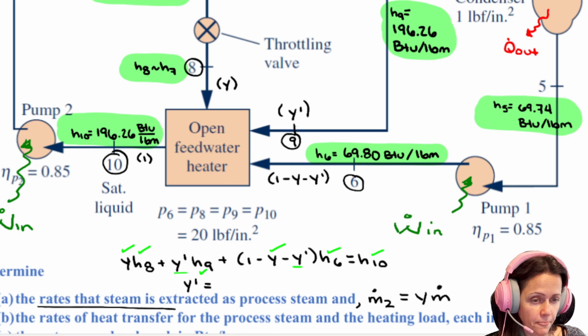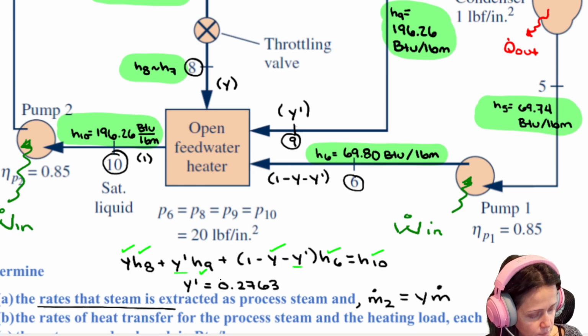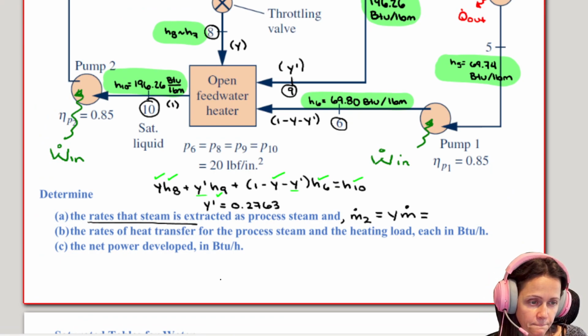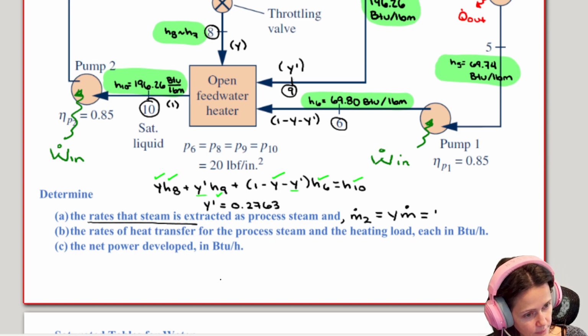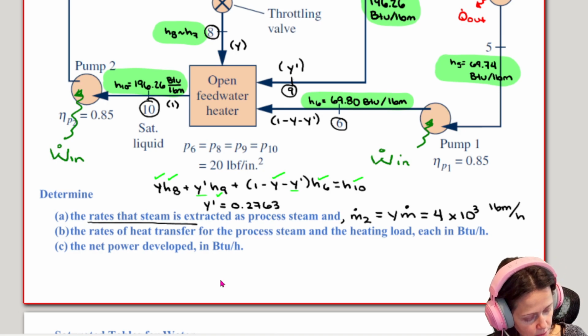Let's see. I have 7, 6, 3. So m dot 2, that being in pound mass per hour.